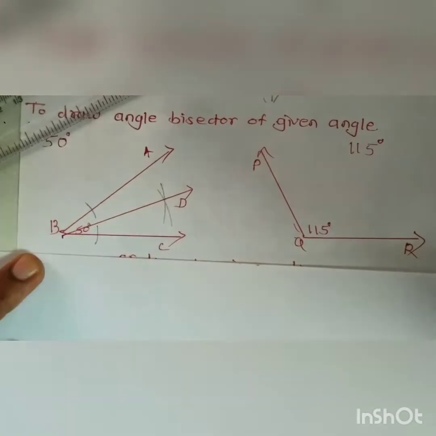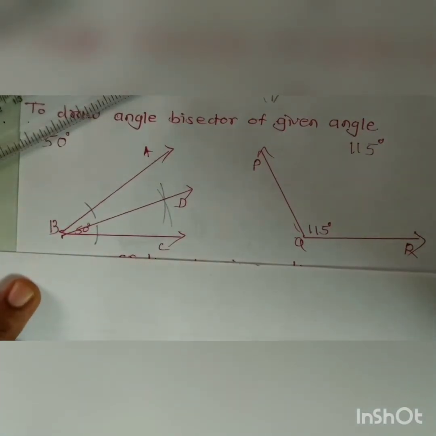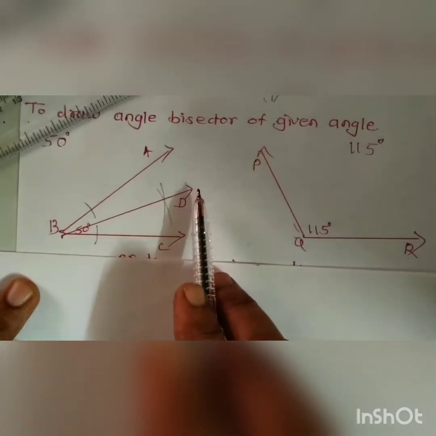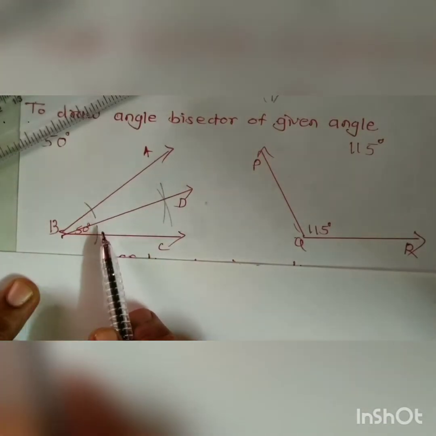Suppose this is D. Ray BD bisects the angle ABC. Means due to ray BD, both angles made by this ray are of equal measure.